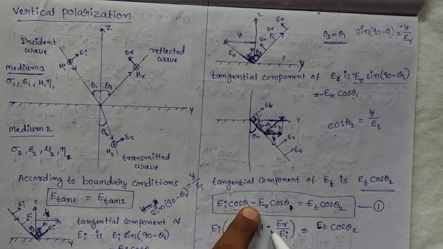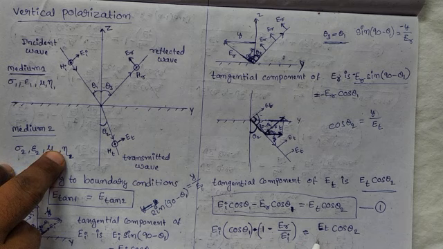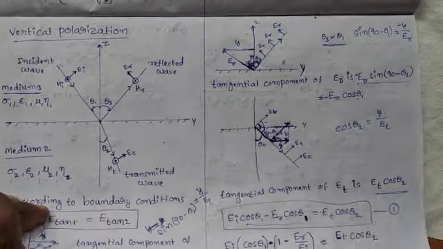Here from this we are determining 1 minus ER by EI is equal to ET by EI cos theta 2 by cos theta 1. Here we are taking this EI to this side, this cos theta to this side.